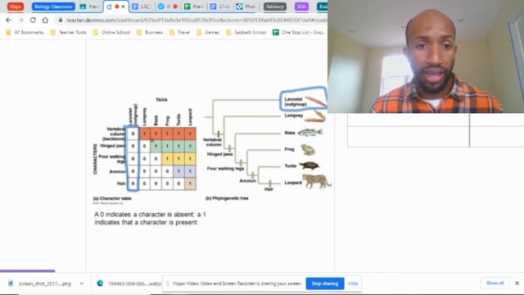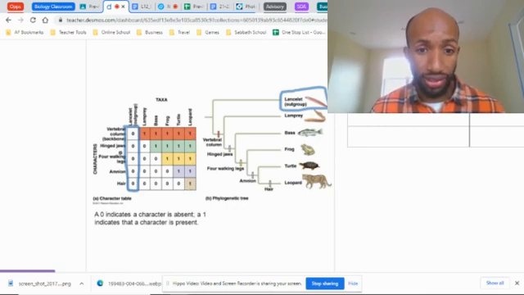So the lamprey has one thing in common with everything else. So it's the next closest thing to all the other creatures. The creature that has the most things in common, or the most advanced of the features, is the one that will be all the way down here. The one with the least is the out group. And you can see that being portrayed here.